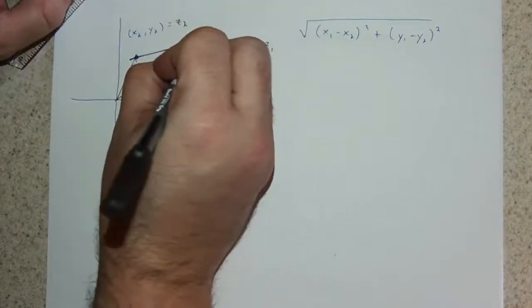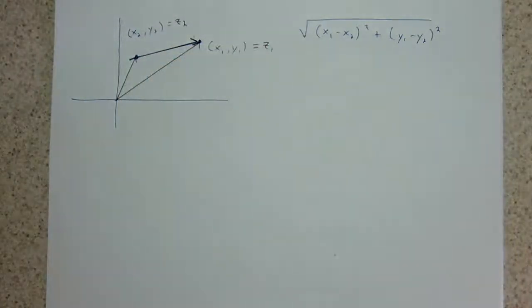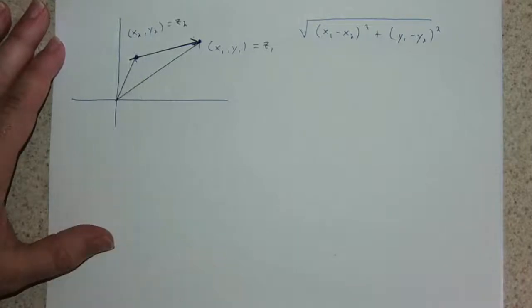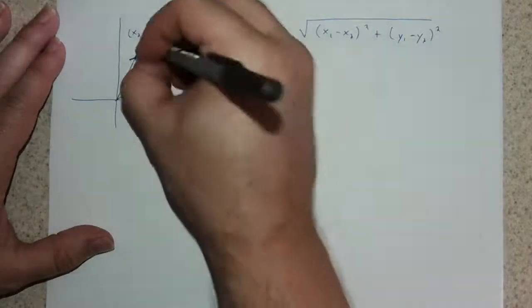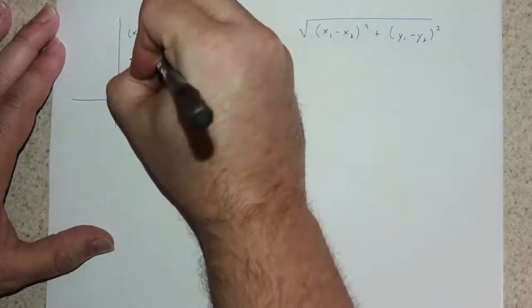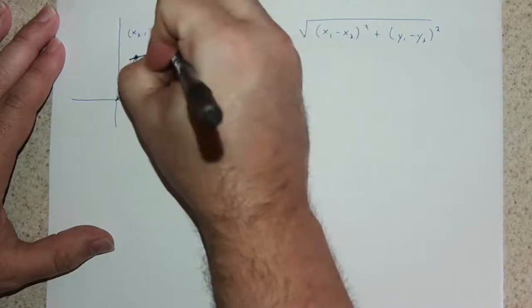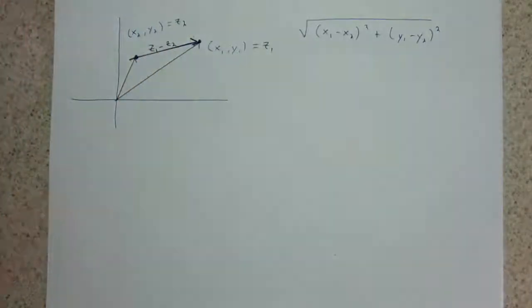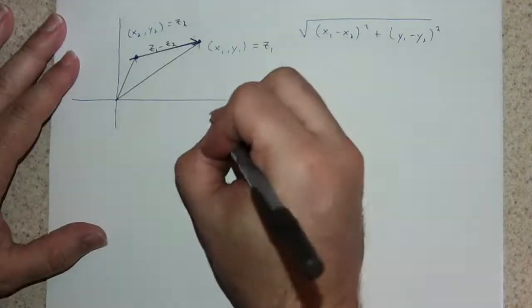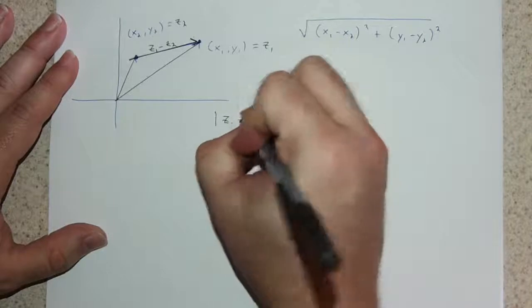Right, what can I say about that vector? Well, without too much thinking, I can say that vector is actually the vector z sub 1 minus z sub 2. And thus the length of z sub 1 minus z sub 2.